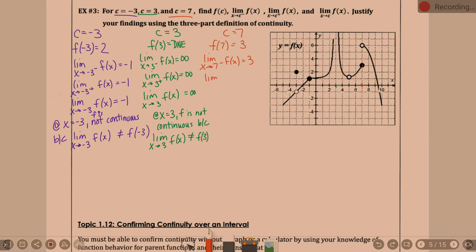The limit as x approaches 7 from the right is 6, up here. As we approach 7 from the right, that means you're tracing in here. It doesn't matter where the dot is filled in, it's where the graph is connecting.